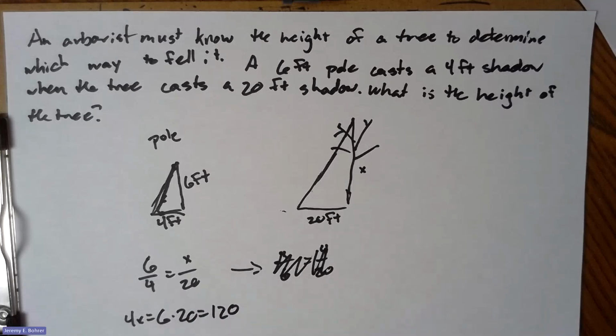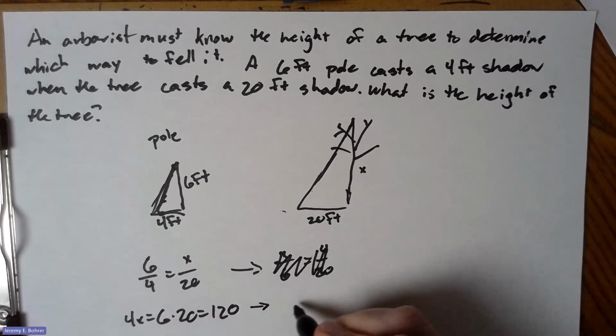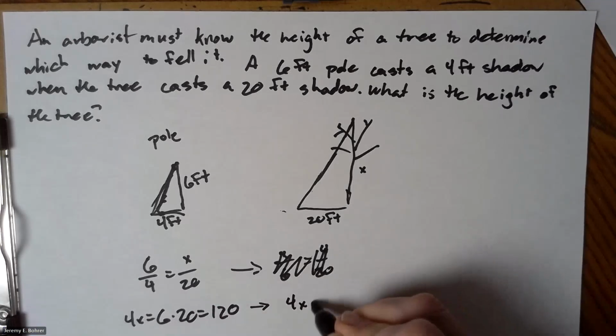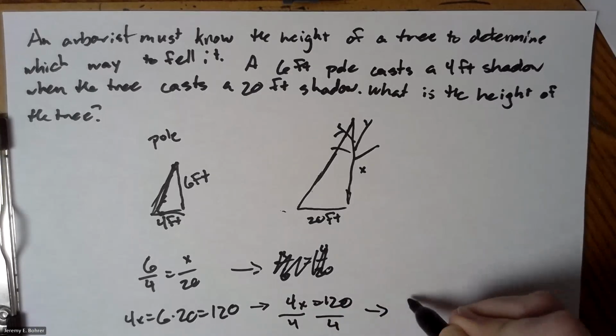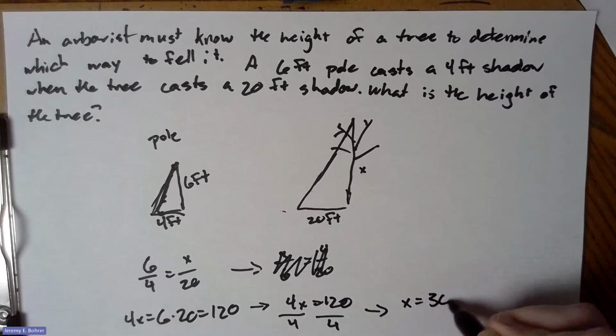Divide both sides by 4. Leads us to x equals 30 feet.